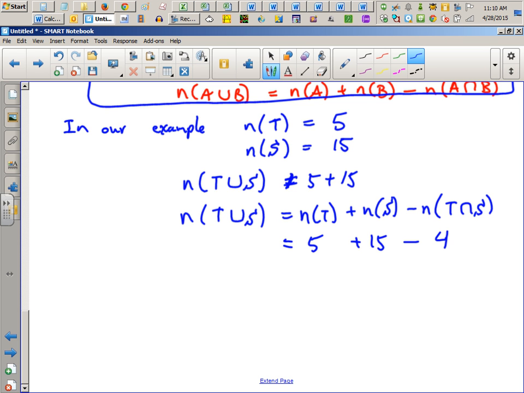Remember we said that there were 4 people enjoying both sports and AP Bio? You don't want to double count them. They're in the 5 and they're also in the 15. You only want them to be in one of those two, right? You don't want to count the same 5 people in with the same 15 people, right? Not all of them anyway. So this is the correct way to do it, and this gives us 16, right on the money.